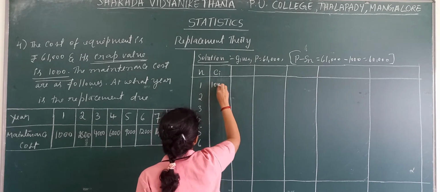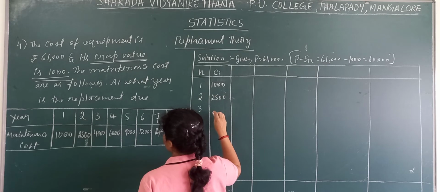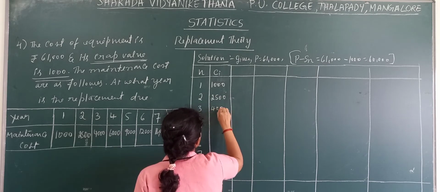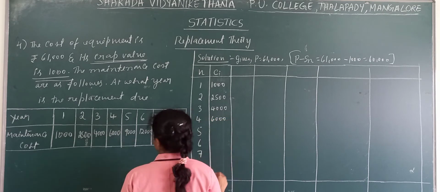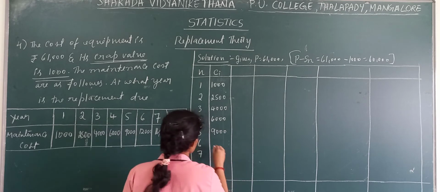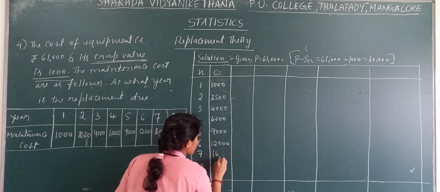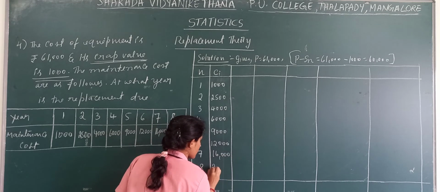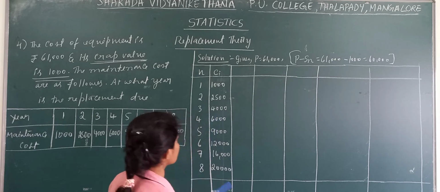The first year it is 1,000, then 2,500, then 4,000, then 6,000, then 9,000, then 12,000, 16,000, and the last one is 20,000.